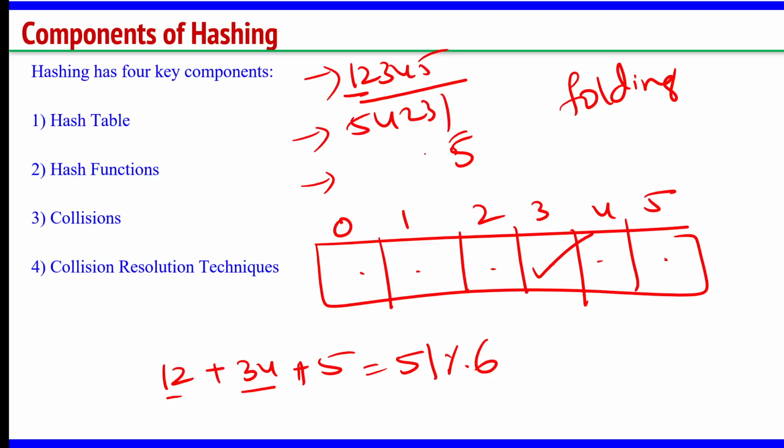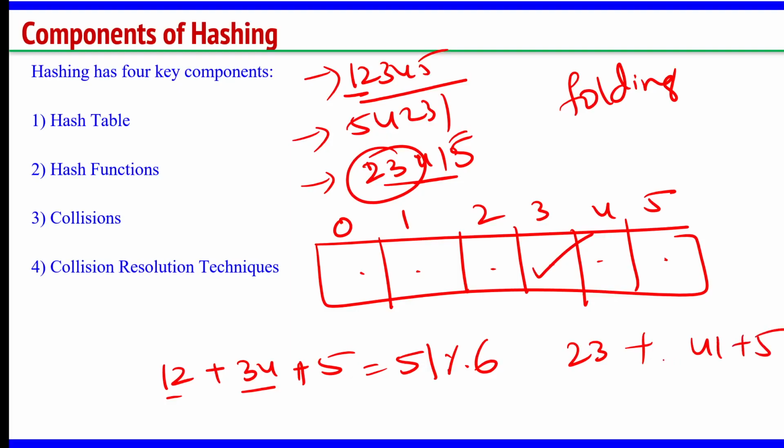Maybe I take the same numbers here, but if you take something else, right? Sorry, 2 3 4 1 5. Assume this was the number. So you take 23 plus 41 plus 5 and do the summation of this. 23 plus 41 is 64, plus 5 is 69. Now you do 69 modulo 6. It is 3 again.